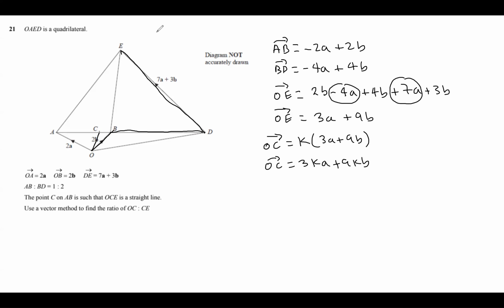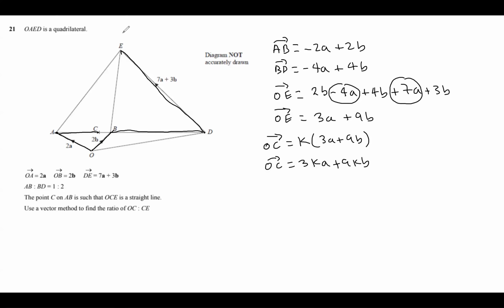Well, yes, I can, because OC can also be written as following a vector. So we go O to A and then A to C. And we know A to C is going to be some multiple of AB.